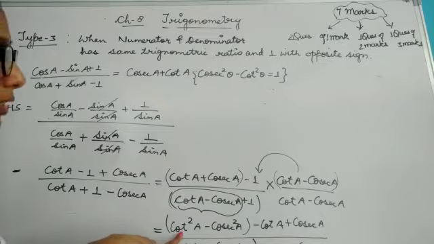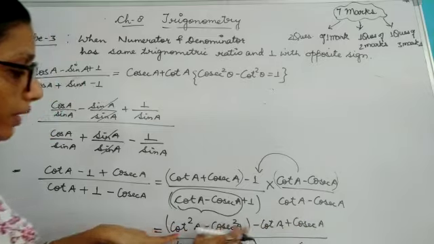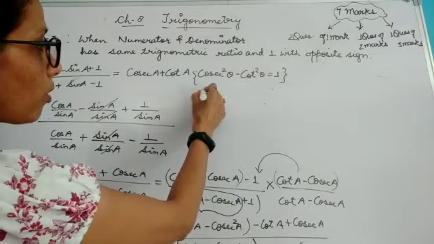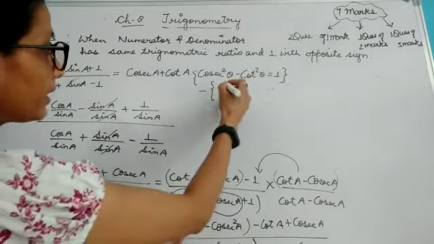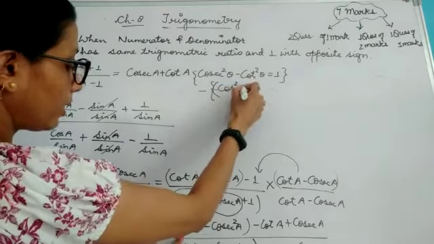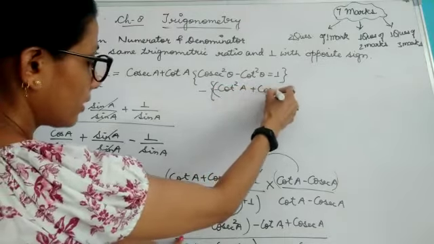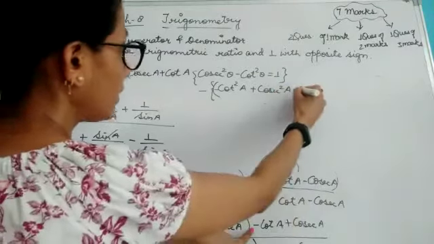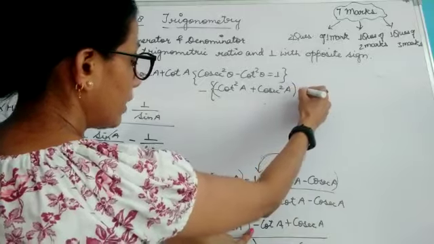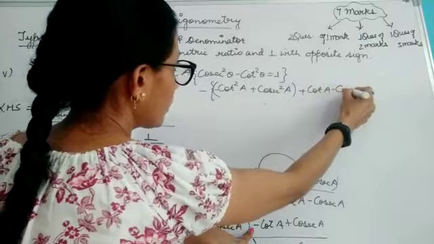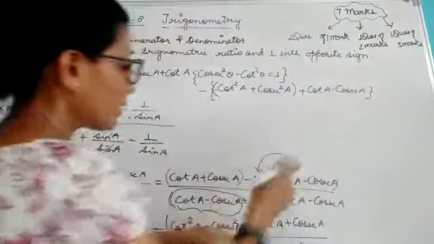So what I can do over here, I can take minus sign common from this, or I can say I can take minus sign out of this complete term. So if I take minus sign common, then what will I be getting? I will be getting cot square A minus cot square A plus cosec square A, and here I will be getting minus, this is one term, and here I am getting plus cot A minus cosec A. What I have done, I have just taken minus sign outside.